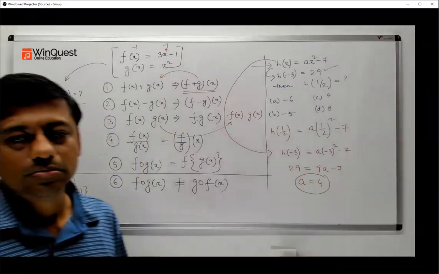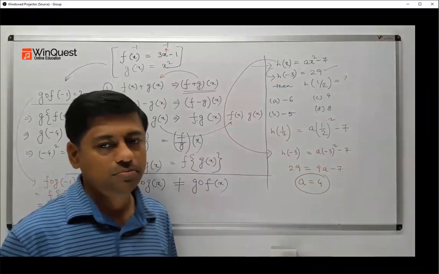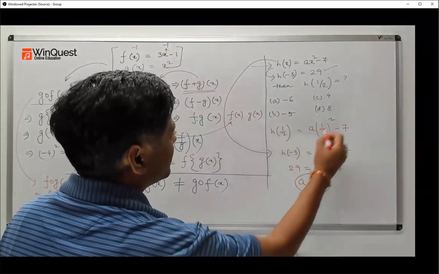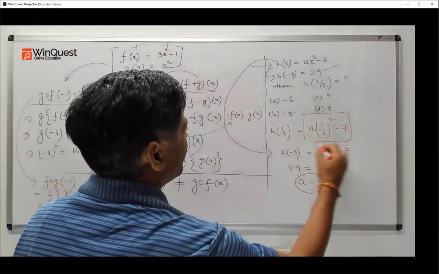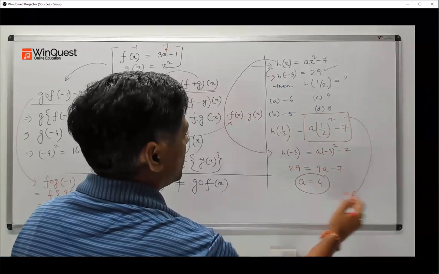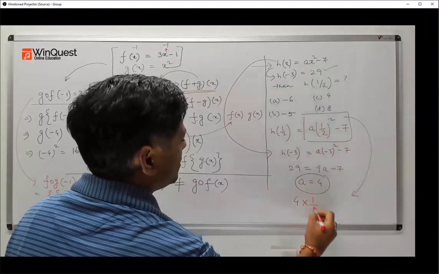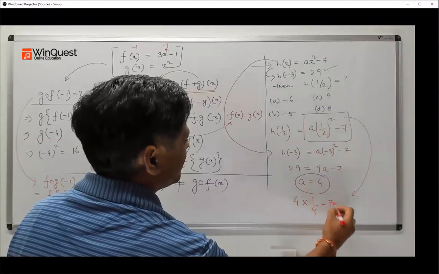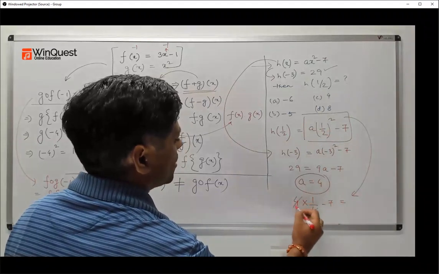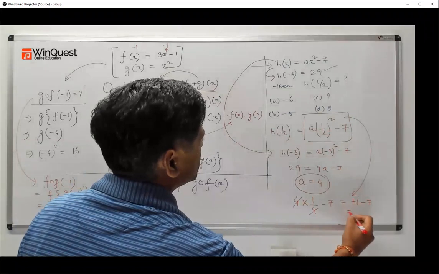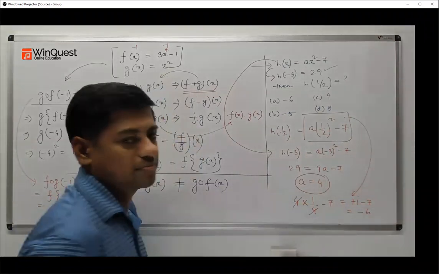Are we clear? Now if a equals 4, I will come back here and say this is 4 multiplied by half square, which is 1 by 4, minus 7. The 4 cancels out. You are left with plus 1 minus 7. This finally becomes minus 6.